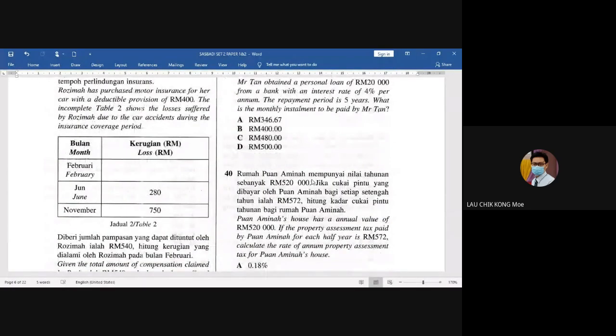Rosima has purchased motor insurance for her car with a deductible provision 400 ringgit. The incomplete table 2 shows the losses suffered by Rosima due to the car accidents during the insurance coverage period. So, wah, banyak kerugian apa dia selalu accident. February dia tak lengkap lagi.